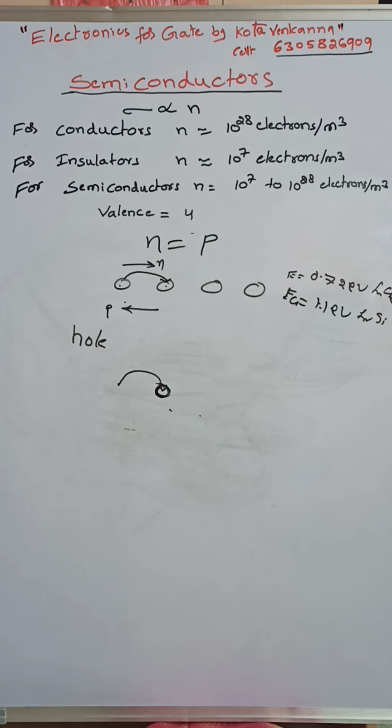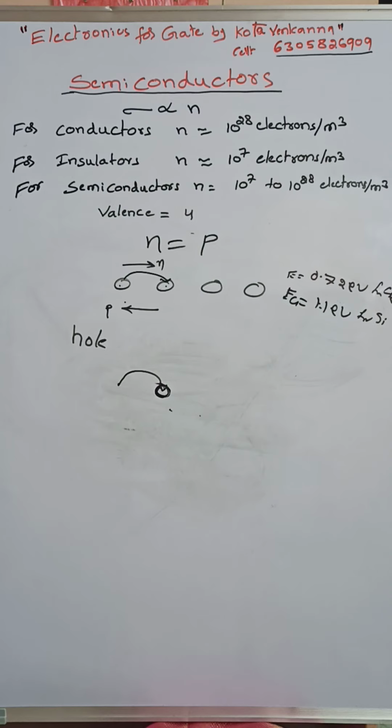When we increase the temperature, due to thermal excitation the covalent bonds will be broken, and then conductivity increases. So at 0 degree Kelvin, a semiconductor acts as an insulator. At room temperature, a semiconductor acts as a conductor.